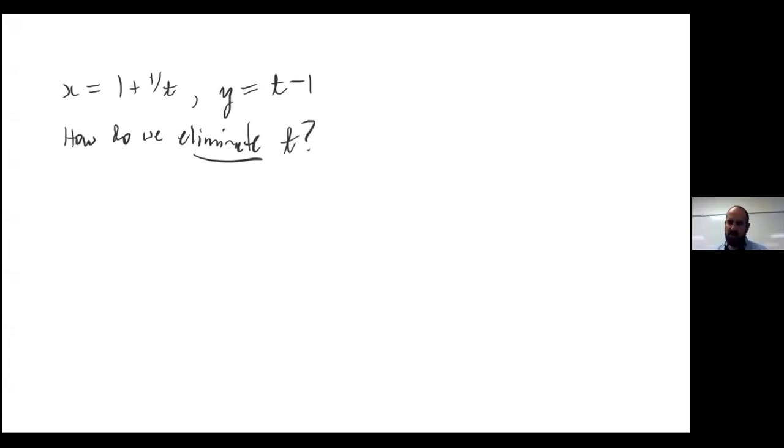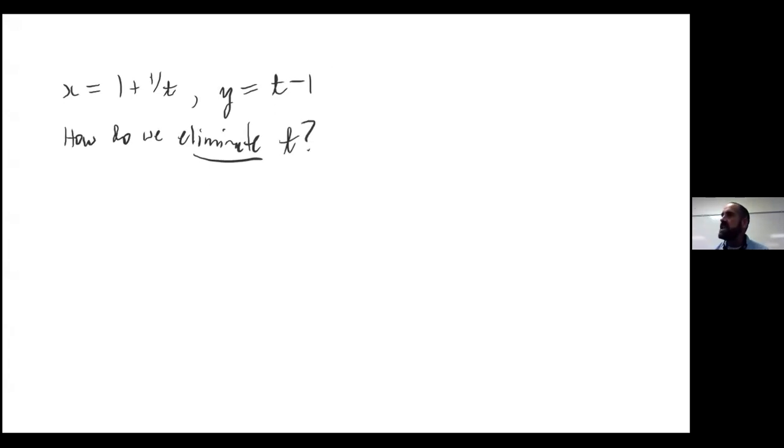So x equals 1 plus 1 over t. Y equals t minus 1, correct? All right. So let me ask you, if I want to eliminate the parameter, how do we eliminate t? What would you do?